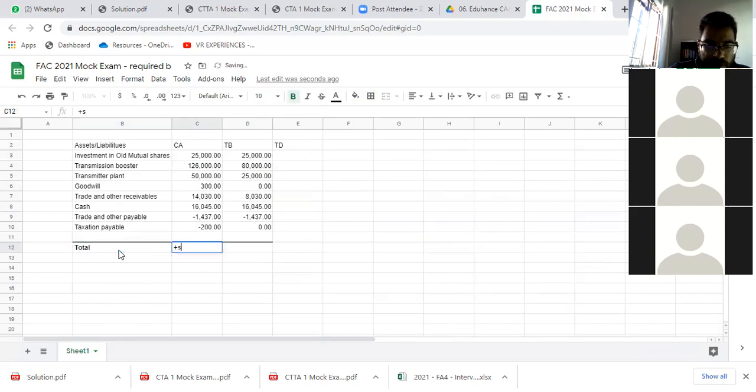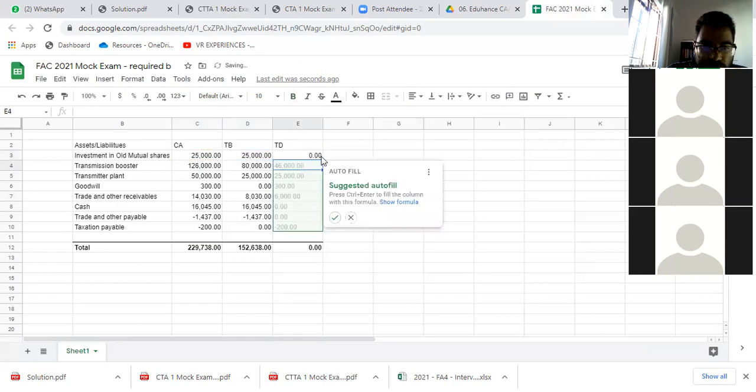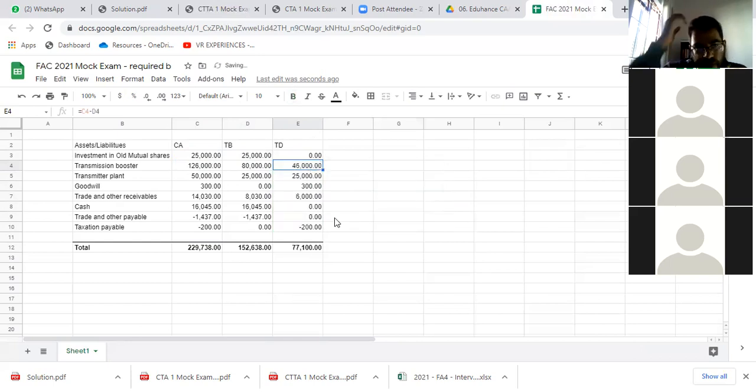Total. There we go, so here we can see that minus that, carrying amount minus tax base.